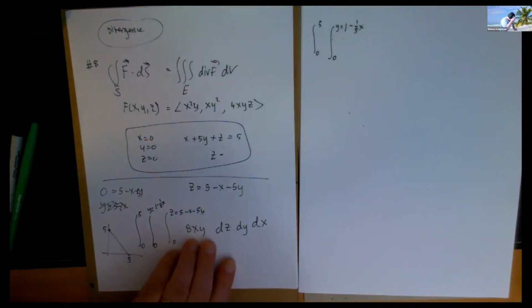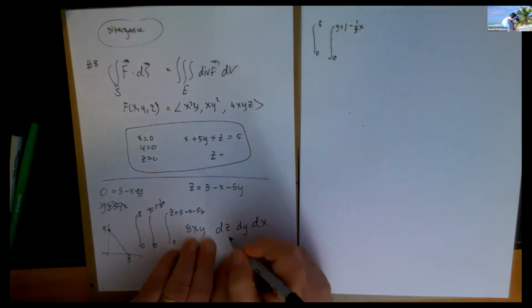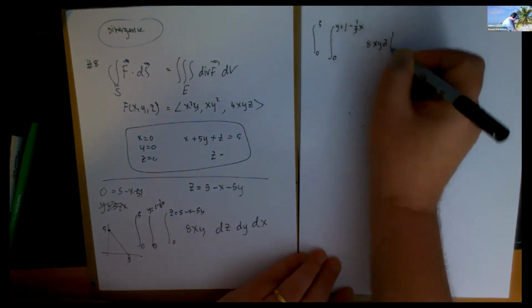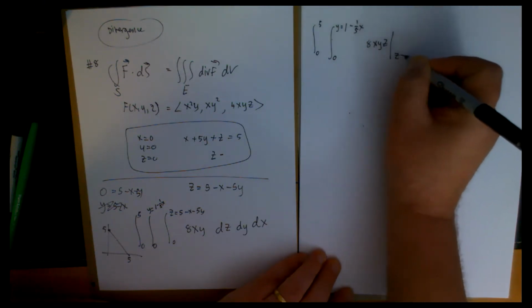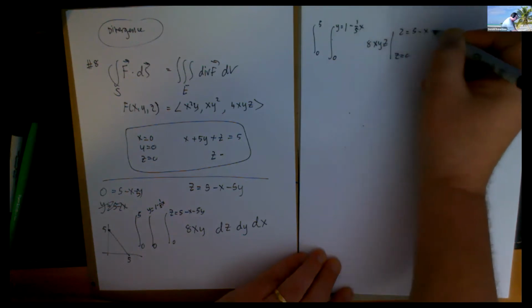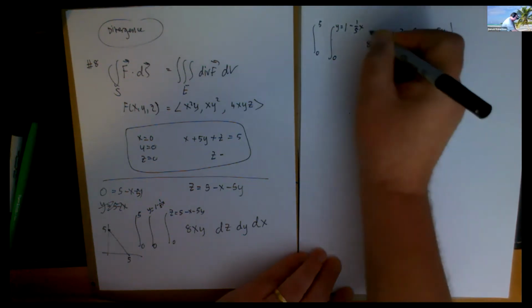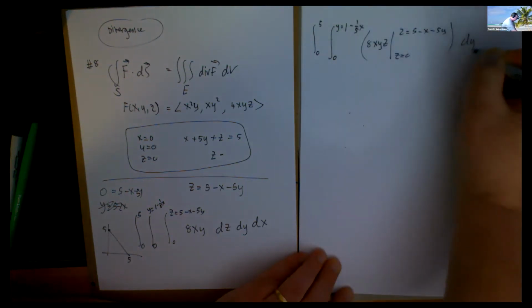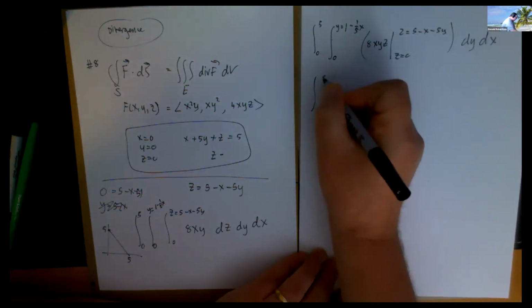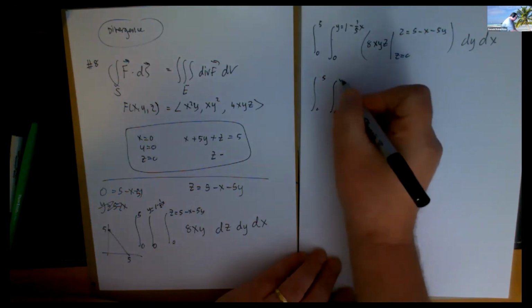If you take 8xy and integrate with respect to z, you get 8xyz, evaluated at 0 and at 5 take away x, take away 5y. After that we'll do a dy and a dx. I still don't see an issue, but it may come up any moment now.